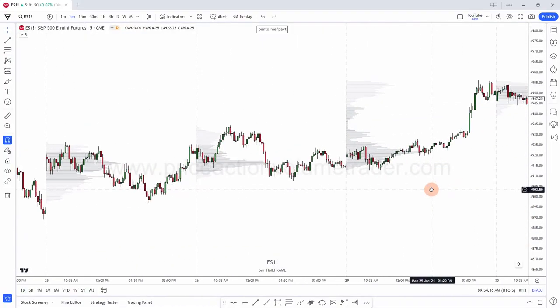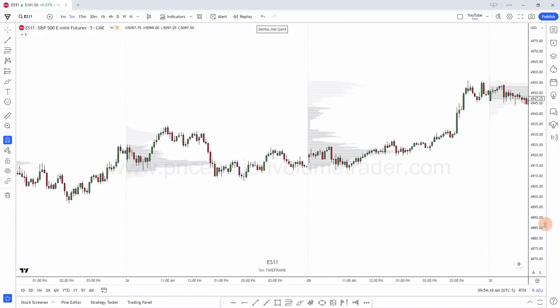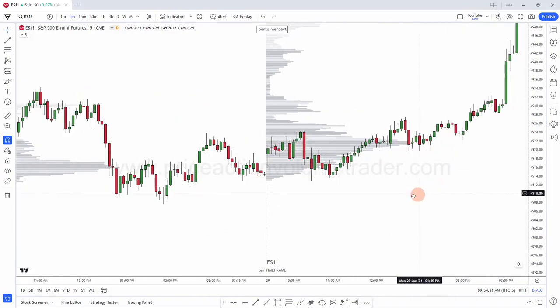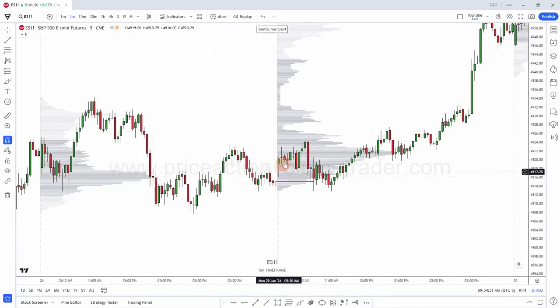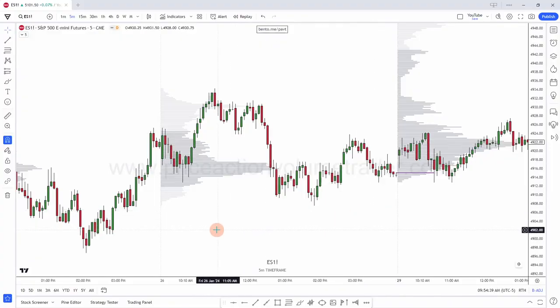There are times, for example, right over here, where the gaps are very minimal. So in this case, you can see the gap was just this right here, but you can see how the market still had a pullback, filled that in, held these lows, and then we continued upwards.